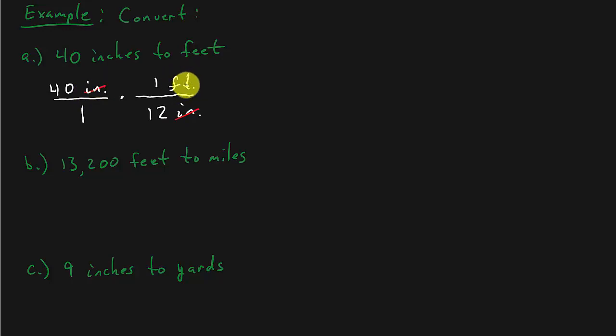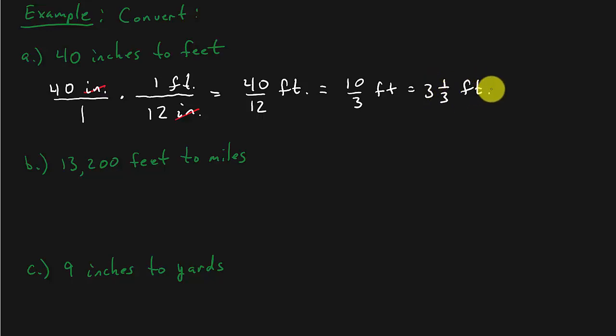And I keep feet, and so that's going to be 40 over 12 feet. I don't know how you want to write this, but if you want to write it as a fraction, that actually reduces, 40 over 12, to 10/3 feet, or you could write it as 3 1/3 feet.